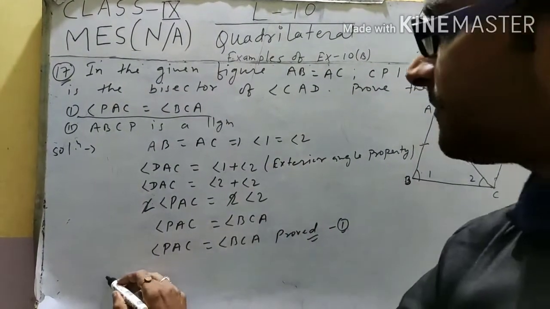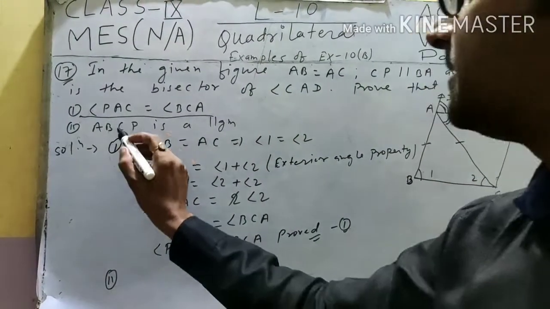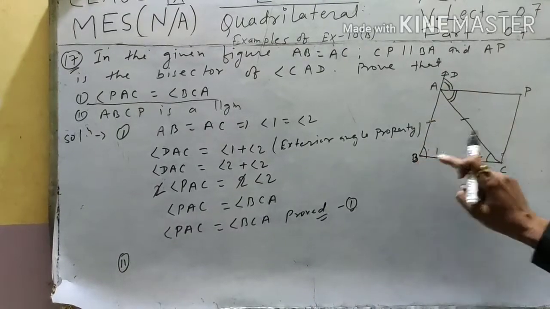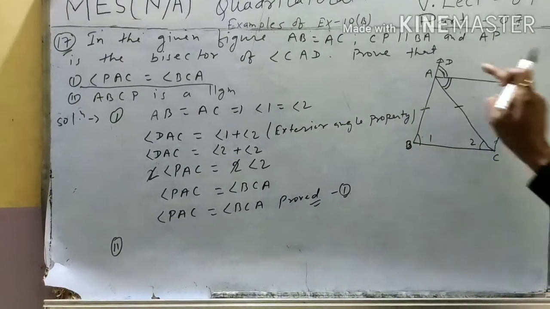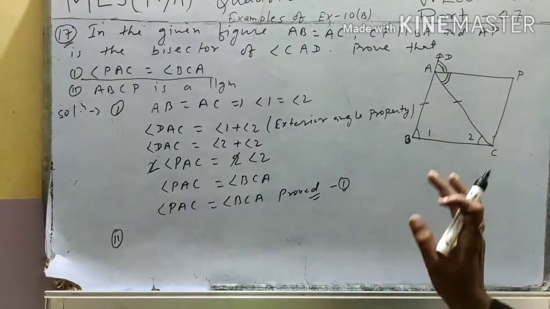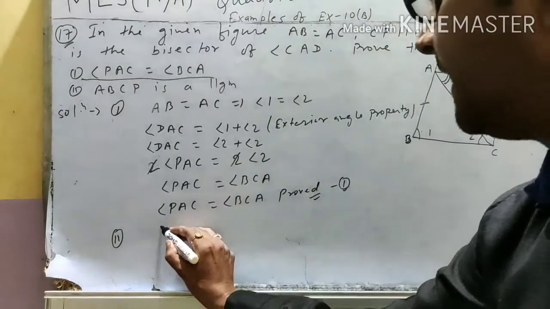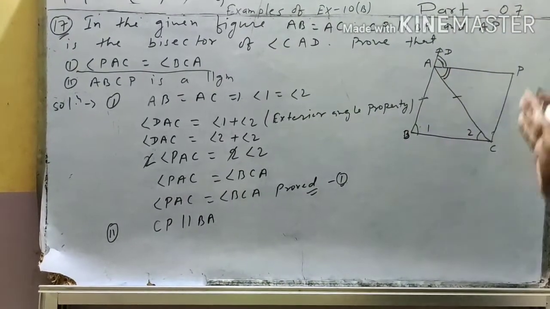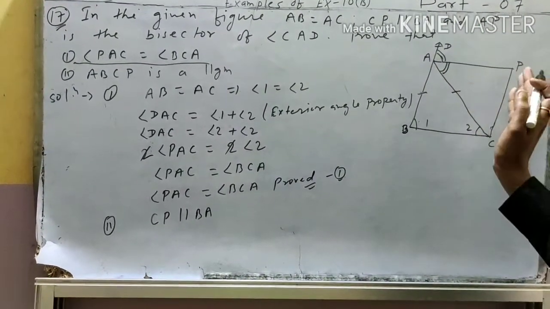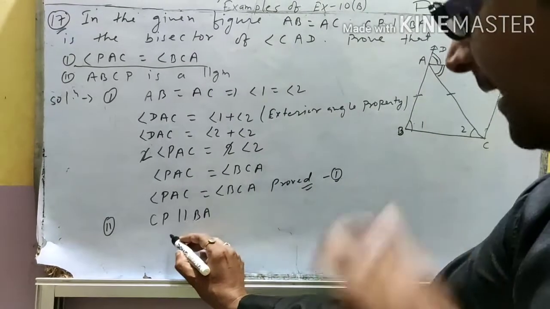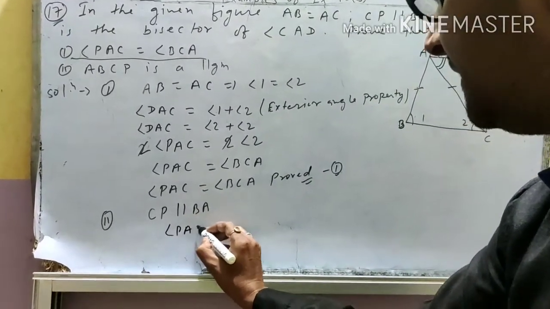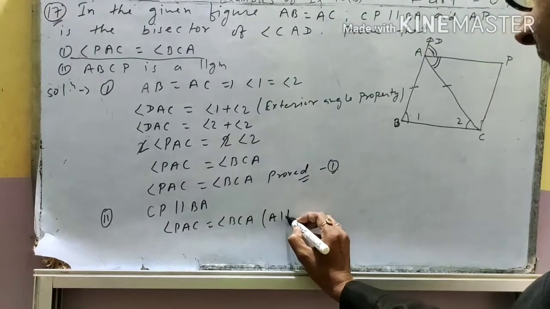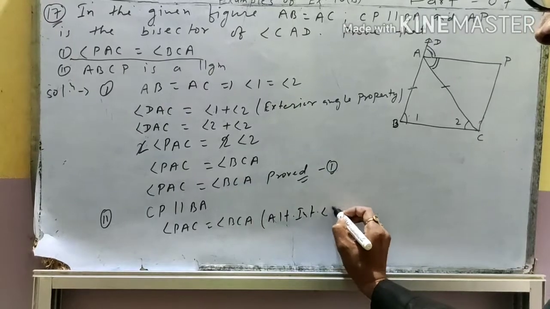Second one is, ABCP is the parallelogram. Here student, this information is given: CP is parallel to BA, means one side is parallel is given. And already proved, angle PAC is equal to angle BCA. These are alternate interior angles.